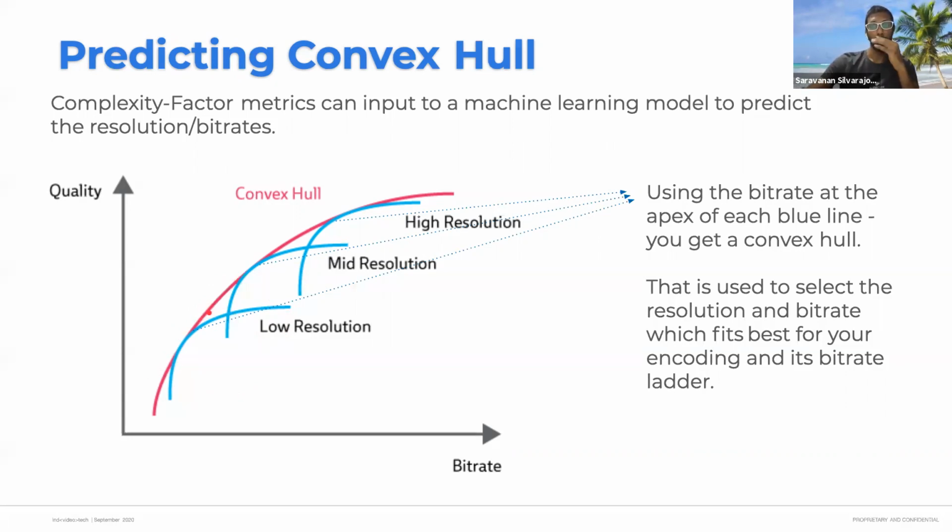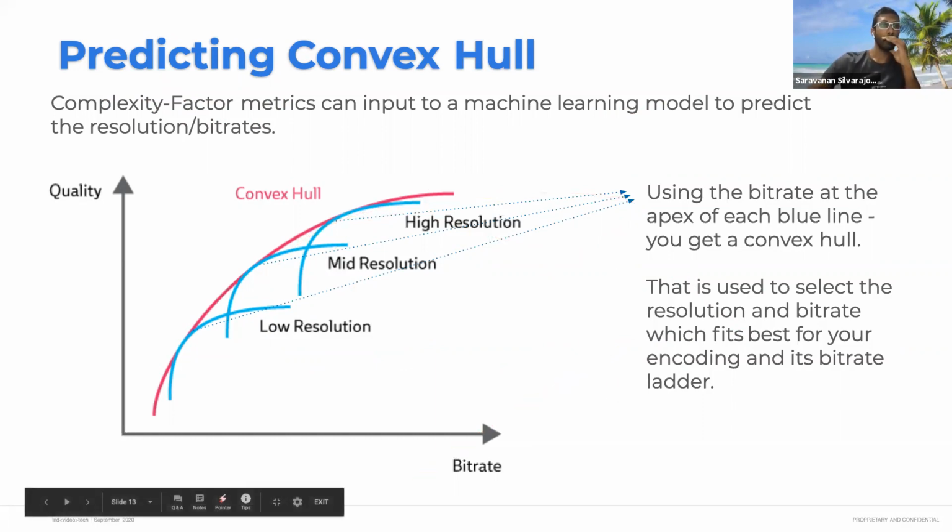One of the magic things that we have used is to take metrics from the complexity factor, input them into a machine learning model, and use that to predict the resolution as well as bit rates, to determine the convex hull, and then pick one of the bit rates for the bit rate ladder.